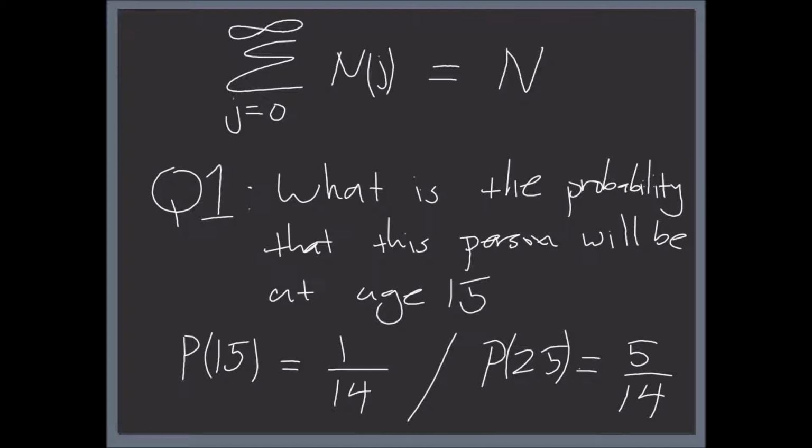Notice that these are fractions, okay? So if we go P of 17, this has to be 0, because we don't have anybody at age 17.